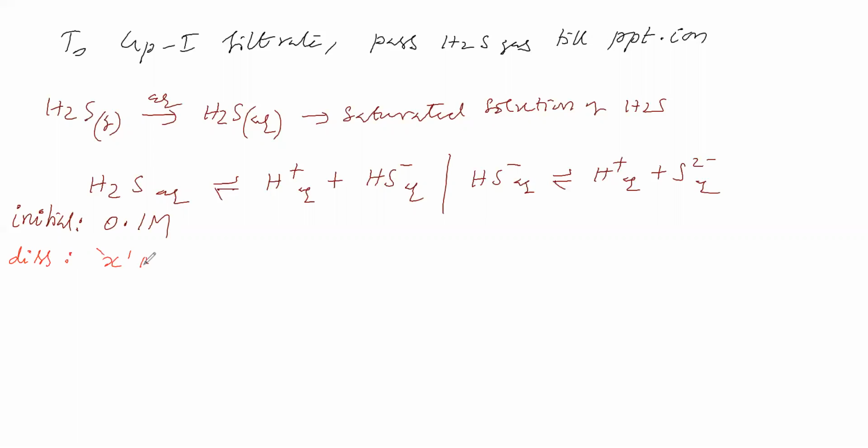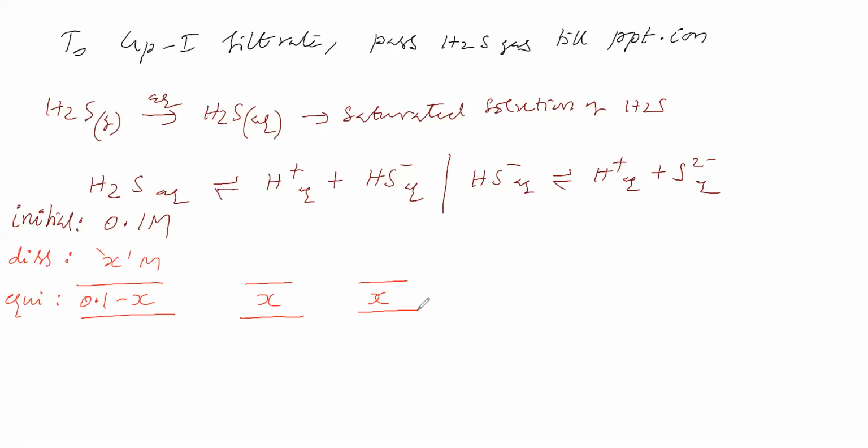Why? Because H2S is a weak acid, so it will not undergo complete ionization. At equilibrium, the concentration of H2S is 0.1 minus X molar. Since H2S dissociates X molar, H plus produced is X molar and HS minus produced is X molar.